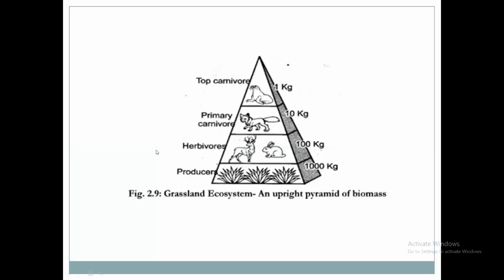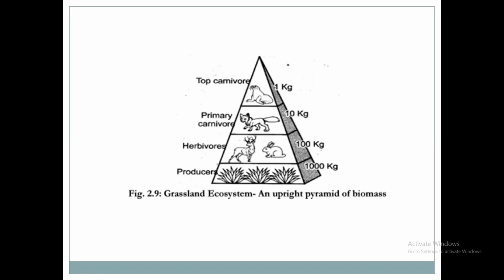We saw upright earlier. Upright pyramid of biomass. There are types of biomass. In the grassland ecosystem, the base producers are shown according to their mass, biomass. At the base the biomass is 1000 kg, above it 100 kg herbivores, 10 kg primary carnivores, and 1 kg top carnivores.